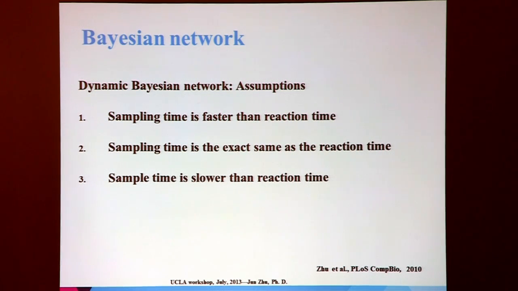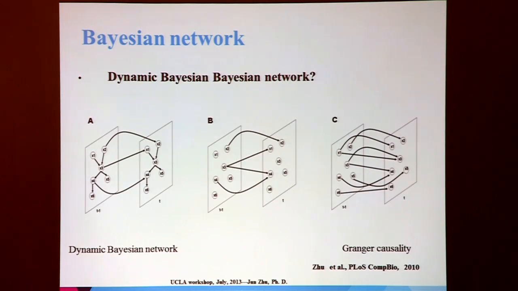How can we capture that relationship? If the relationships happen much faster than the sampling time, the only way to capture how A relates to B is with a dynamic network. So everything has to go to this more general form.